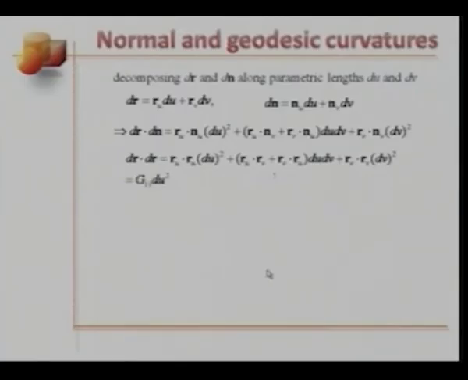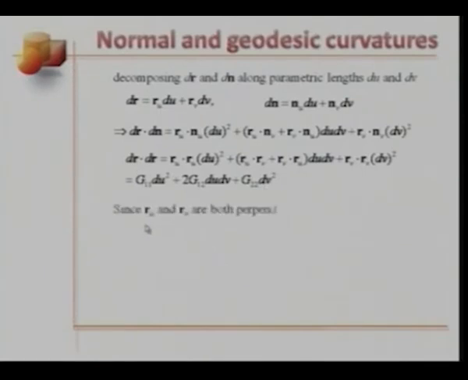In terms of the elements of the first fundamental matrix G, this is G11 times du squared plus 2 times G12 times du dv plus G22 times dv squared. This is what dr dotted with dr is.